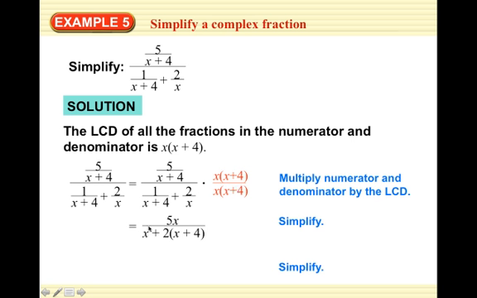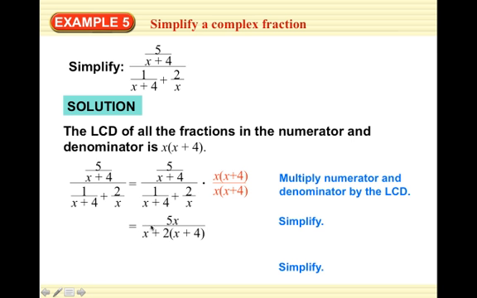So that's where this x comes from. Now, when we distribute the x times x plus 4 to 2 over x, the x will cancel with the x, and we'll have 2 times x plus 4. Okay? So we end up with 5x over x plus 2 times x plus 4.